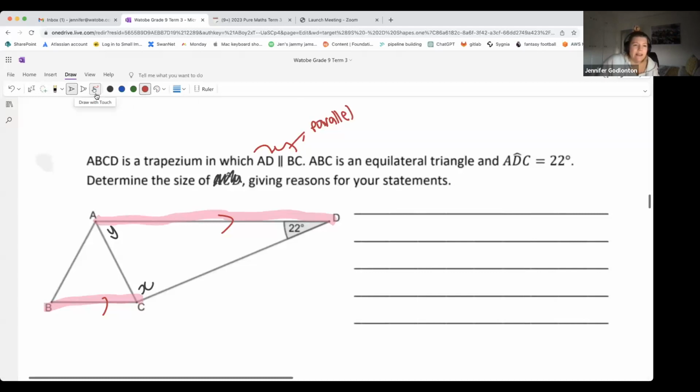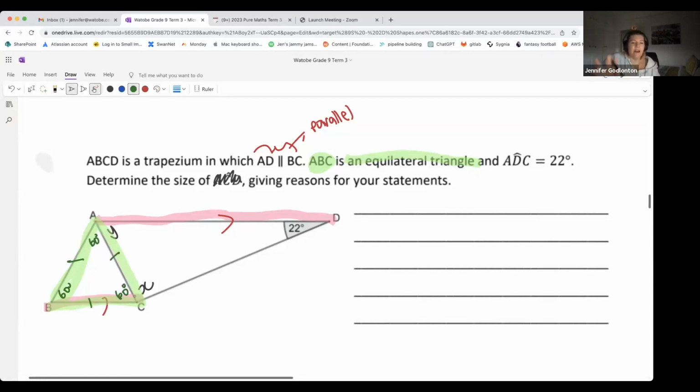Next part of the question was telling us that ABC is an equilateral triangle. So this triangle over here is an equilateral triangle, and that means all of my sides are equal to each other, and all of my angles are equal to 60 degrees.